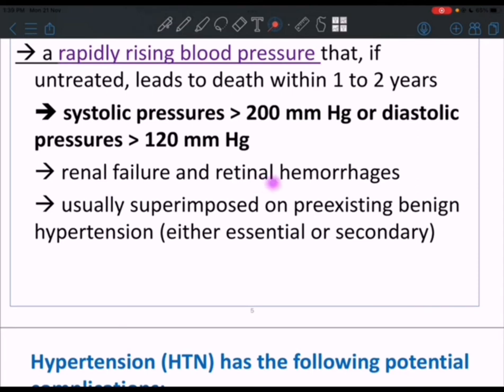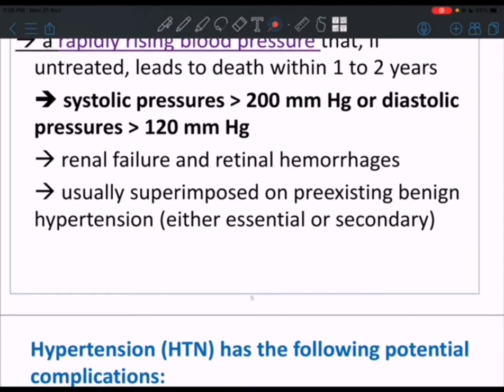Usually, it may be superimposed on a pre-existing benign hypertension of either etiology. It may be essential or secondary. But what is happening? A very rapid rise in the blood pressure readings. This is the meaning of malignant hypertension. Do you understand this point? Who doesn't understand here? If the patient has hypertension, with high readings, systolic, diastolic, or both, he is diagnosed as hypertensive. But because of something, he is not controlled. Meaning maybe he is not compliant on medications, he doesn't take his medicines. Maybe the underlying cause, if it's secondary, is causing this problem. The important thing is that the blood pressure readings are not being controlled.